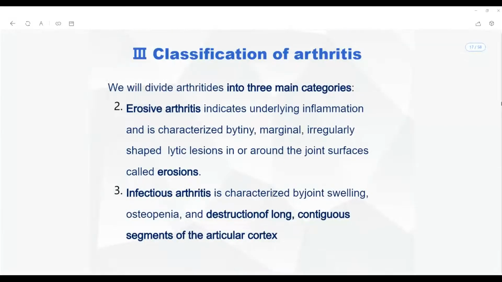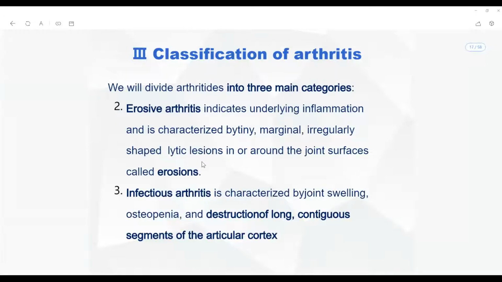right? The second one is destruction of the articular surfaces, which leads to erosion. This is characterized by tiny, marginal, irregularly shaped lytic lesions.